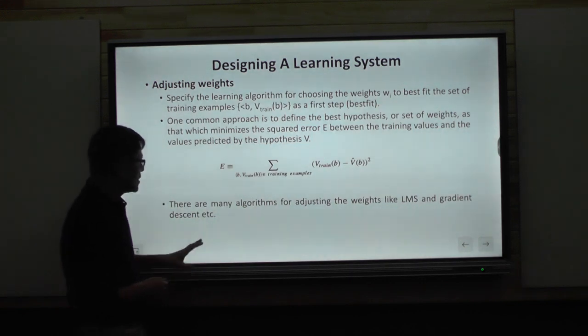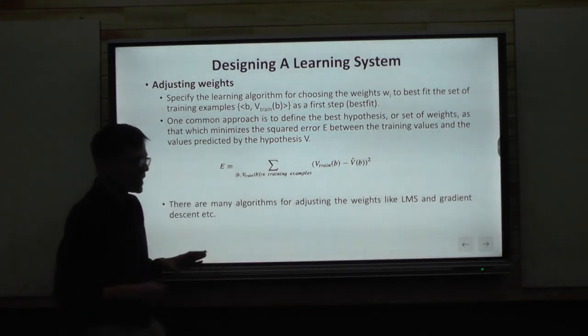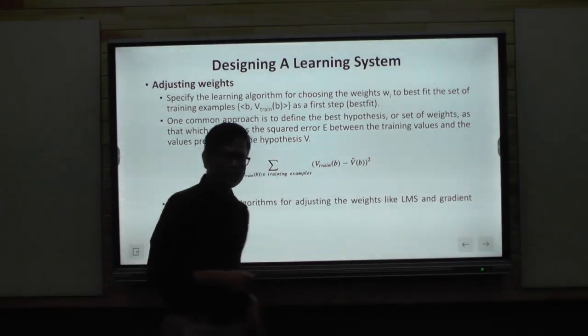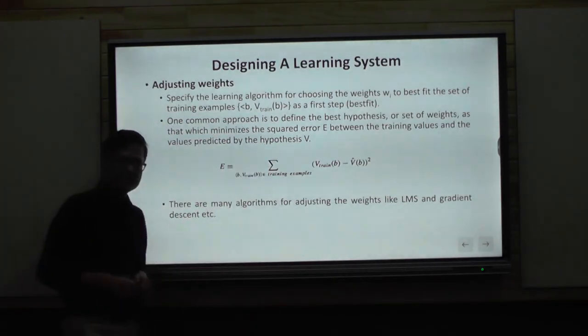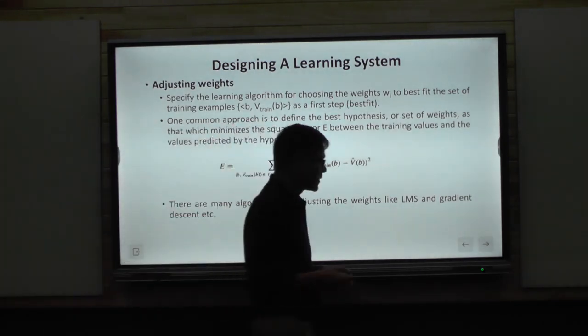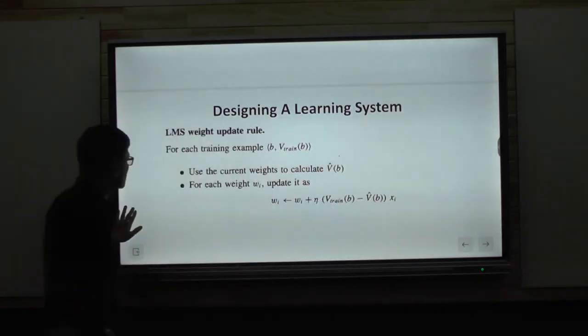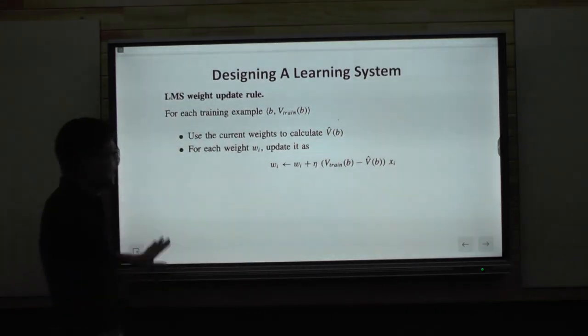Now with this error we can do adjustment. There are various algorithms like LMS, the least mean square algorithm, and gradient descent, and many more with slight changes. The key idea is how to adjust the weight. So focus on how the weights are adjusted in a particular algorithm.